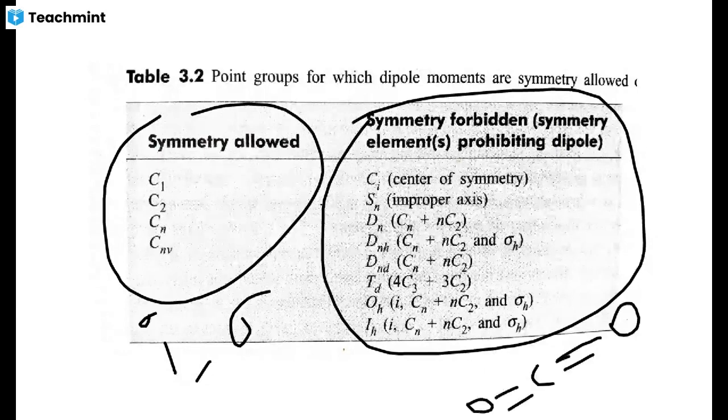You can use those rules, or if you want examples, take molecules of these groups, find what symmetry elements are present, and find whether the dipole moment is allowed or not. You should practice more.